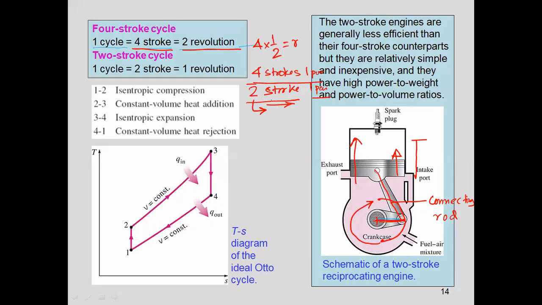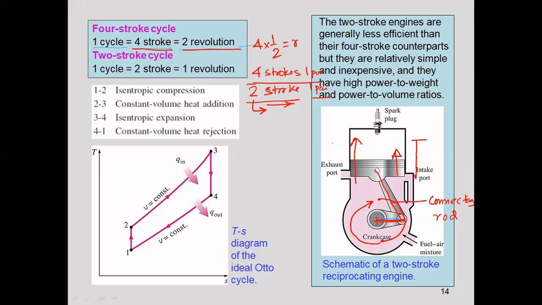Now it is exactly not double, because there are many other parameters that you will see during the discussion of two-stroke cycle. But here we don't have the scope of discussing two-stroke or four-stroke, because we are actually trying to analyze the ideal cycles. In a two-stroke cycle, the actual stroke length is not equal to the distance between TDC and BDC.